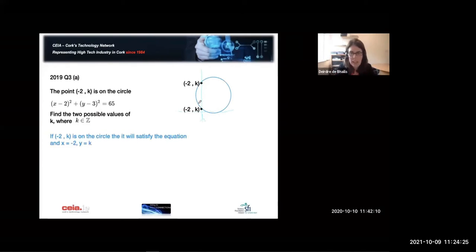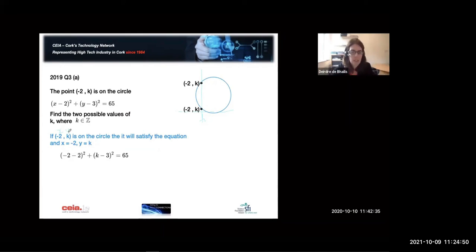So again, if we know a point is on a line or a circle, then we know that point satisfies the equation. So we can place minus 2 in place of x and k in place of y in the equation. Sorry, we don't need the general equation for the circle in this one because we've been given the equation for the circle.